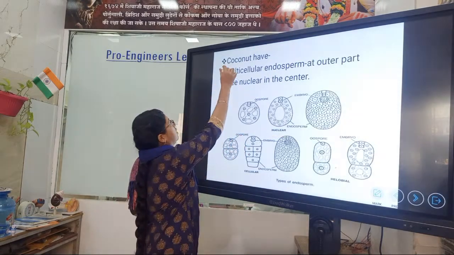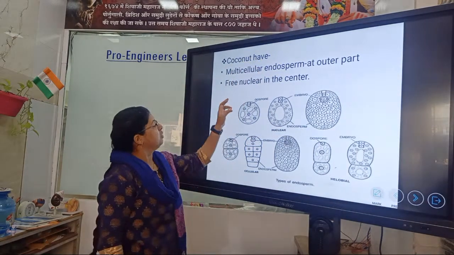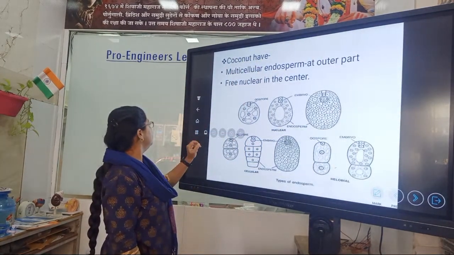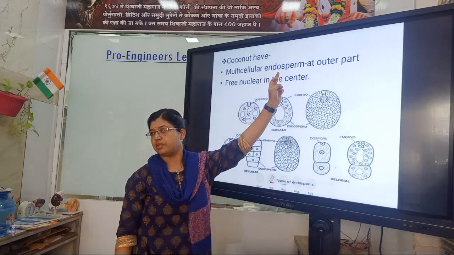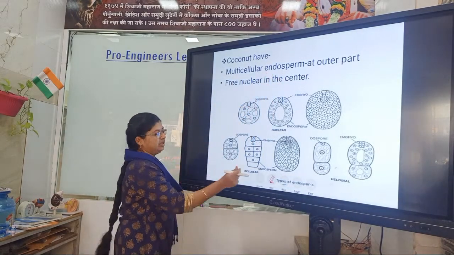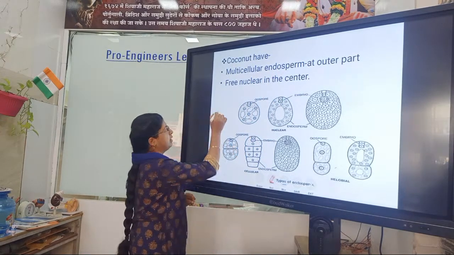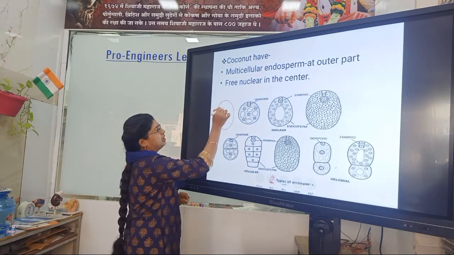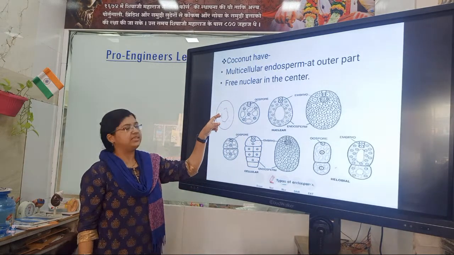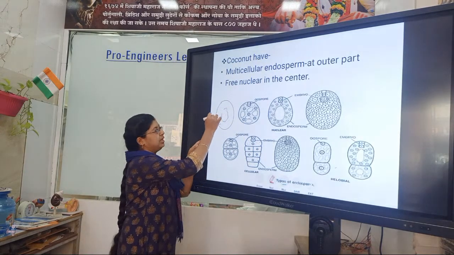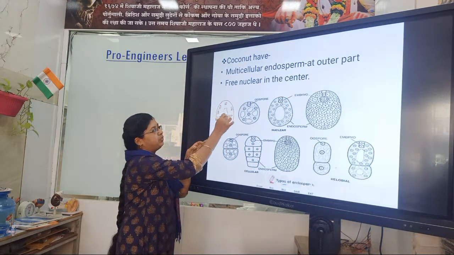About coconut. What happens in coconut? Multicellular endosperm, we have seen. The vacuole is present at the center and the nuclei are at the periphery.